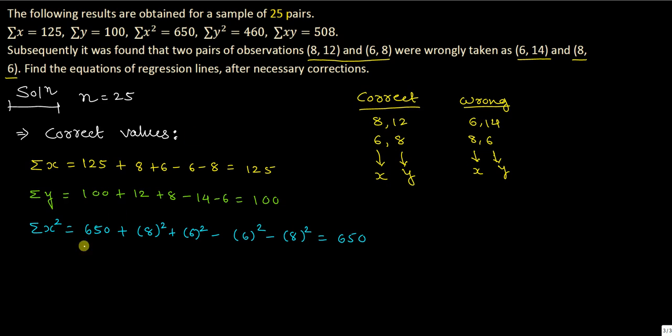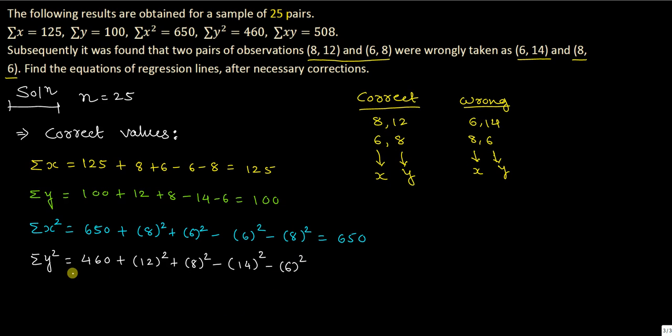Okay, now sigma y square. Sigma y square is equal to 460. 460 plus, add the square of correct values, 12 square plus 8 square. Subtract the square of wrong values of y, 14 square minus 6 square.